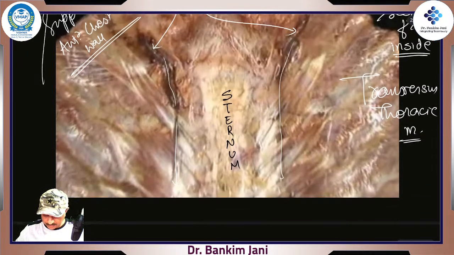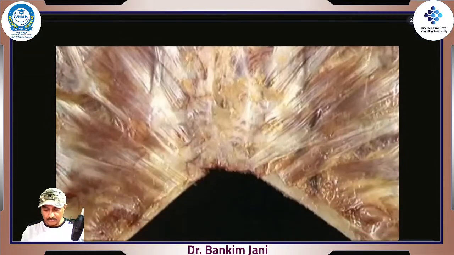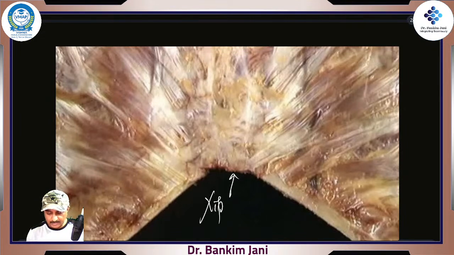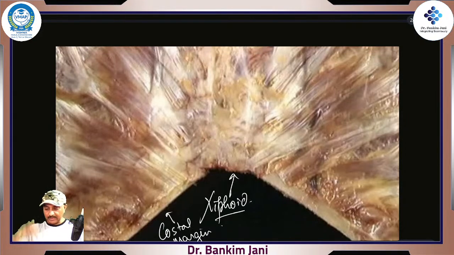So if we really trace it, and now this would be the location of xiphoid process or the xiphisternum, right? This one would be the xiphoid, right? This is like our costal margin, right? Costal margin. Fine. So that artery, and see the muscles, transversus thoracis, here are, right? See how nicely this one, right?